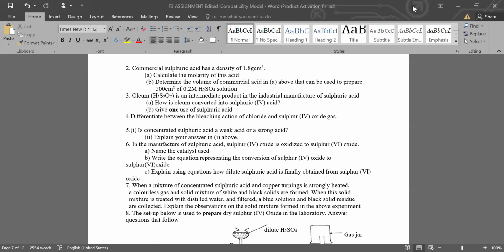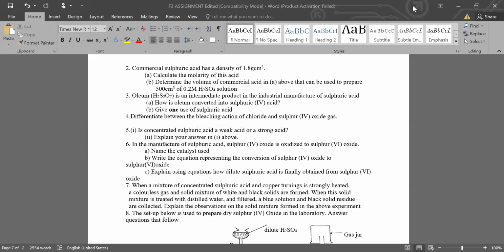Then explain using equation how dilute sulfuric 6 acid is finally obtained from sulfur 6 oxide. From sulfur 6 oxide, SO3 in the contact process is first of all added to concentrated sulfuric 6 acid to form H2S2O7, that is oleum.